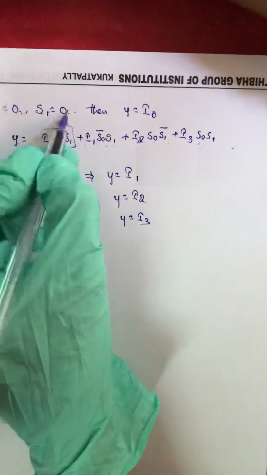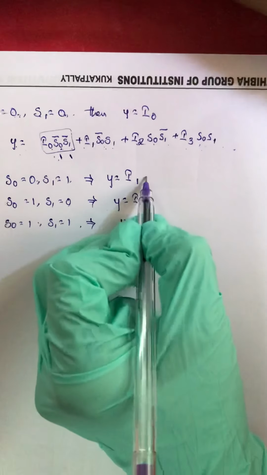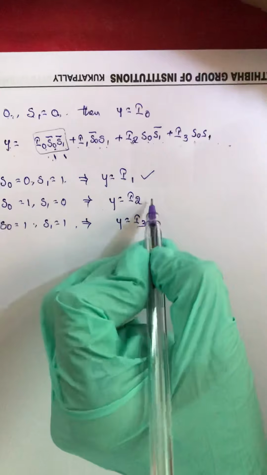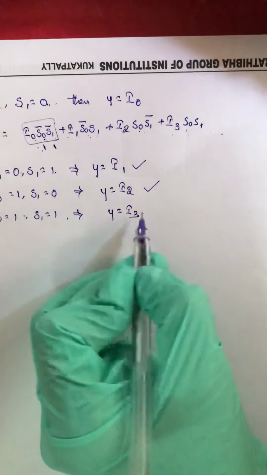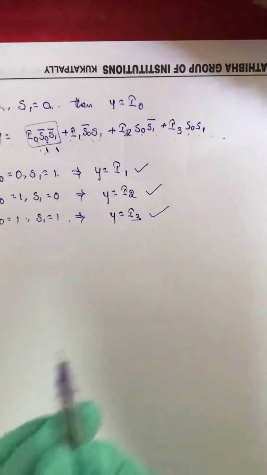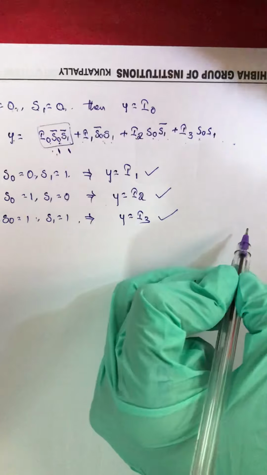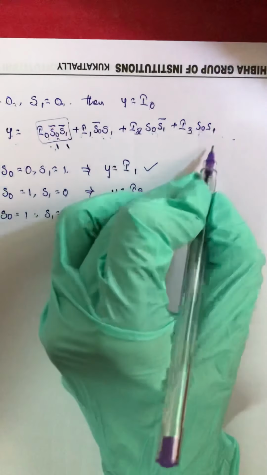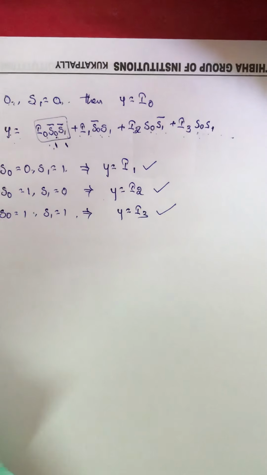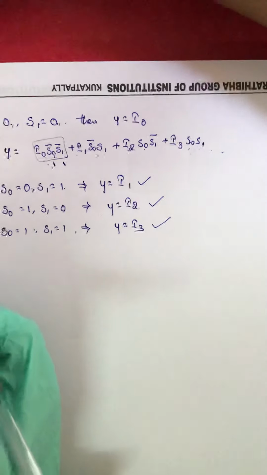So the first condition gives I0, the second gives I1, the third gives I2, and the fourth gives I3. Every time we can apply 4 different inputs, but using this equation or logic diagram we get only one output from 4 different inputs.